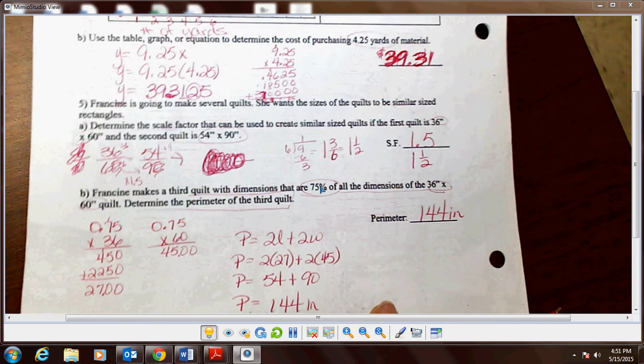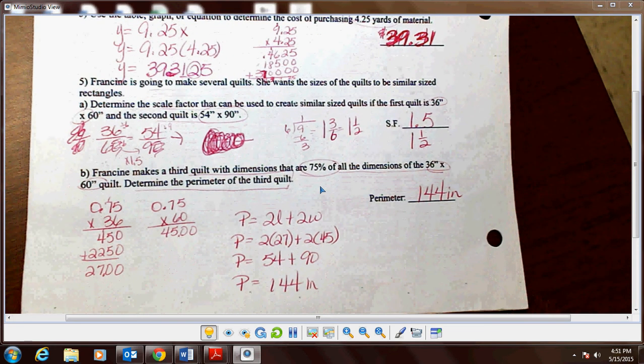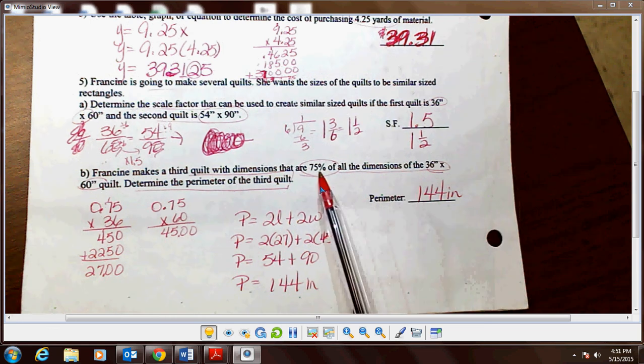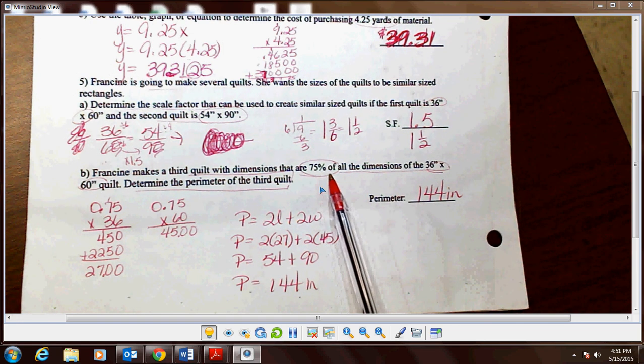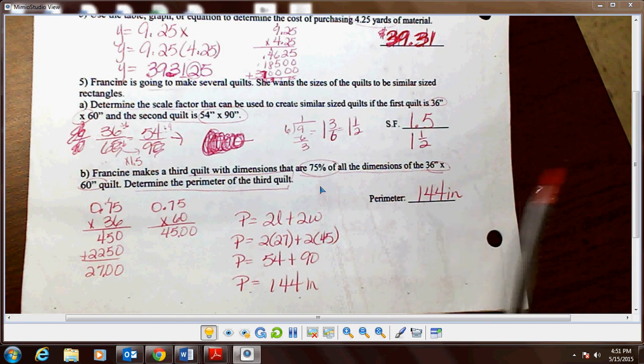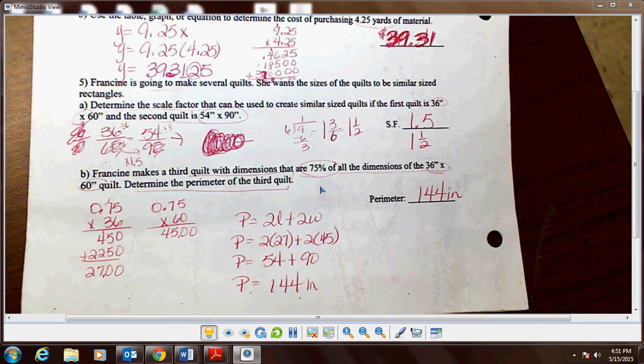Okay, and your final problem, which is part B, was the one that dealt with your change of dimensions by percent. So remember, change your percent to a decimal first and then multiply. So since it was 36 by 60, I took my 36 and multiplied it by the decimal for 75%.